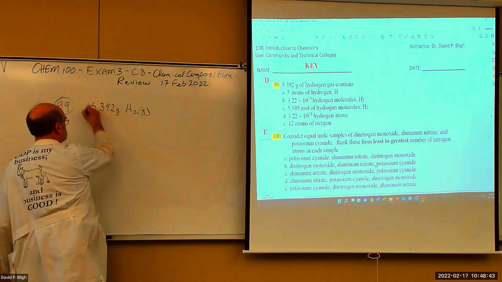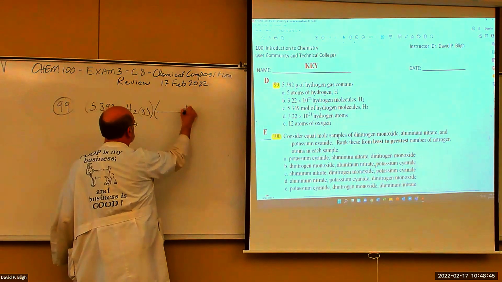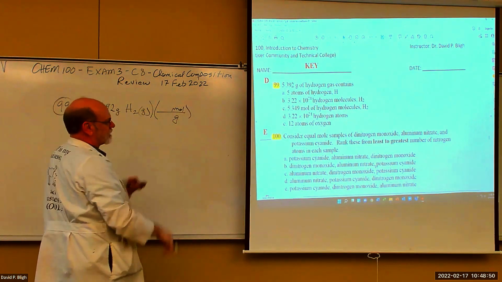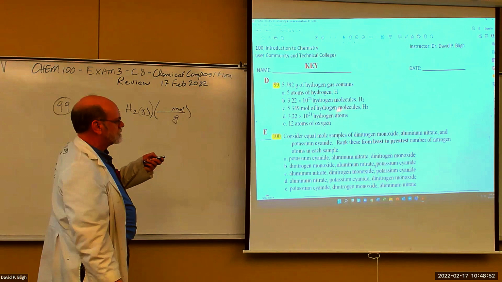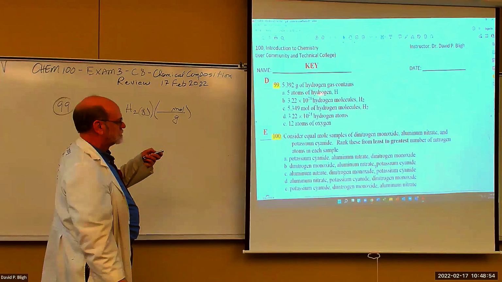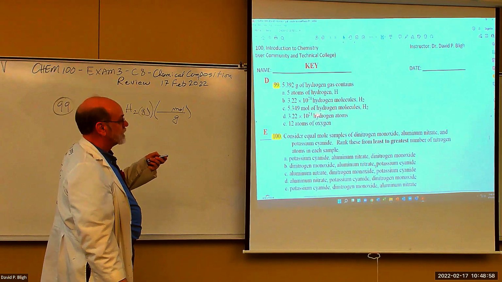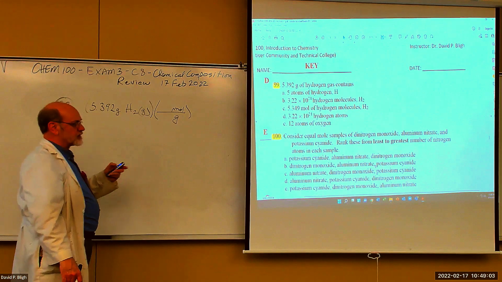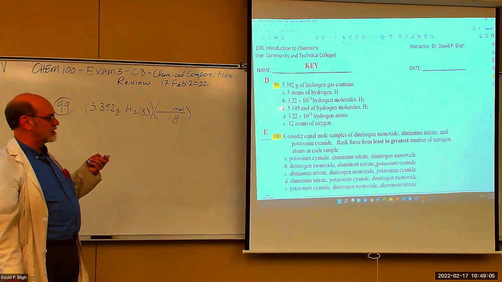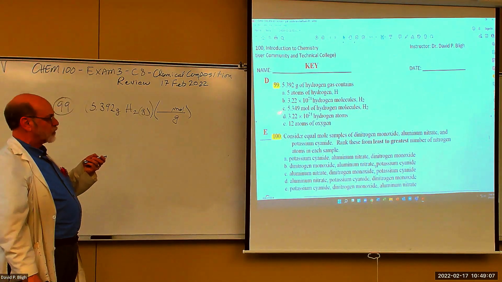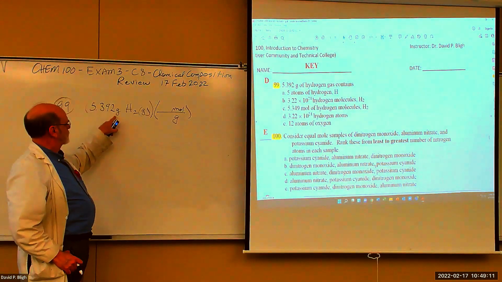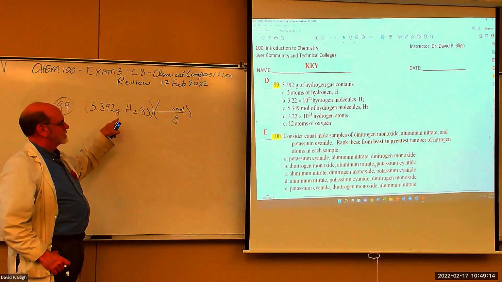So we're going to have to go like this, grams per mole. And this is in terms of molecules. Molecules, hydrogen atoms. So once we find molecules, if our molecule answer doesn't match here, well, this one can't be it either. 5.349 moles can't be that.